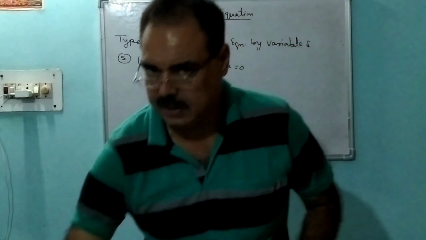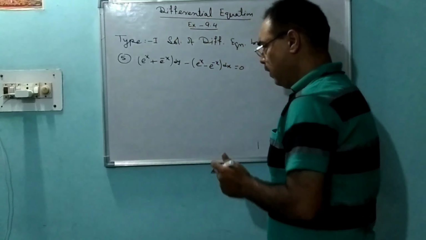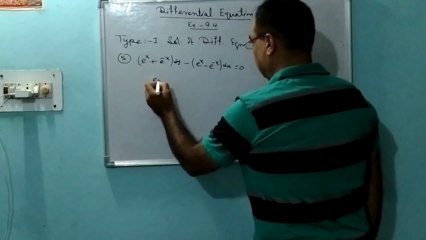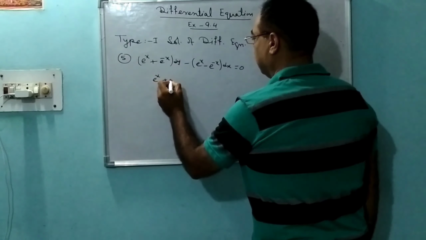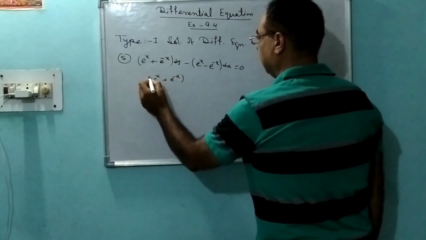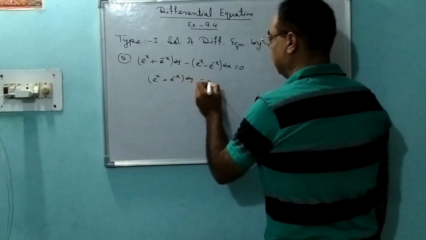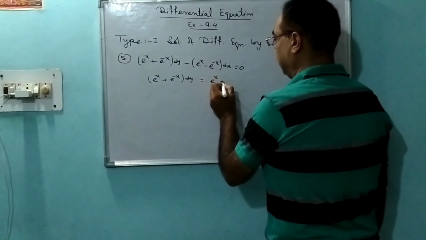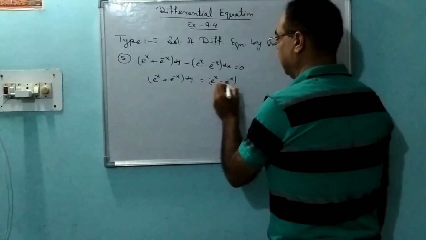He said solve this. That means this one is a differential equation. (e^x + e^(-x)) dy is equal to (e^x - e^(-x)) dx.